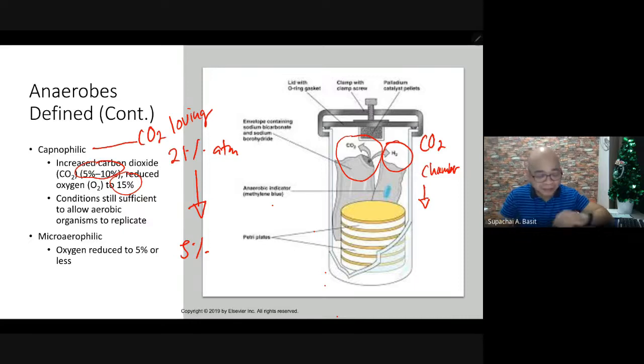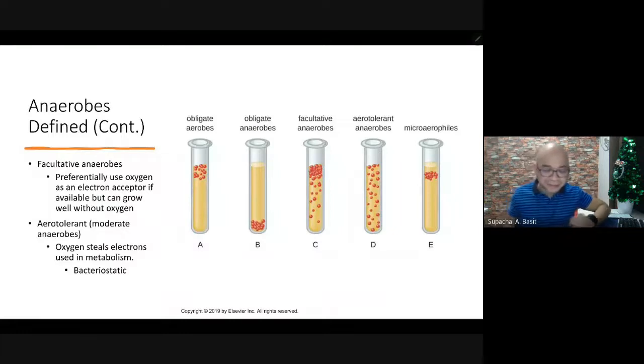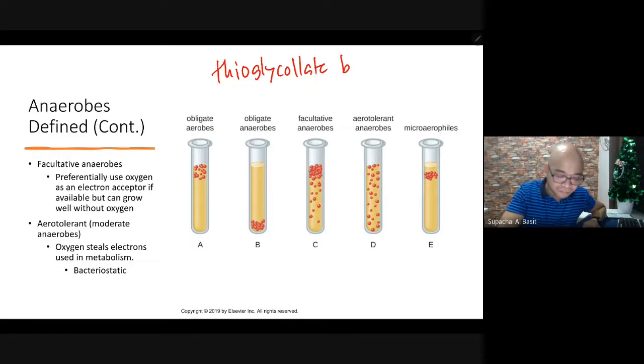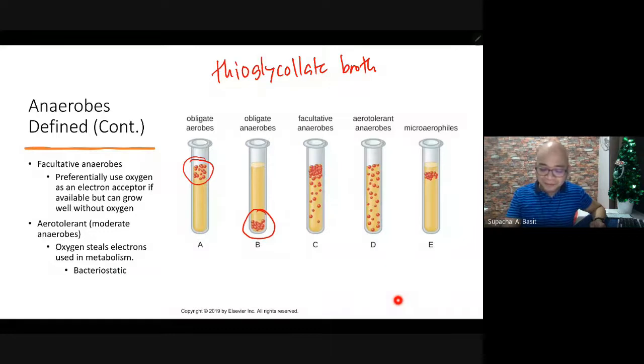This particular culture medium is called thioglycolate broth. Thioglycolate broth will support both aerobic and anaerobic organisms. You would notice that obligate aerobes will grow at the surface, while obligate anaerobes will grow at the bottom. Microaerophilic would grow somewhere here.